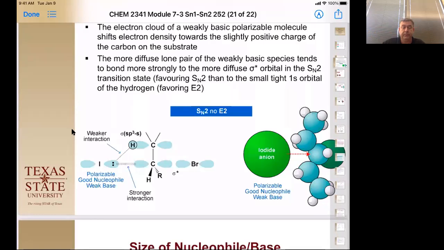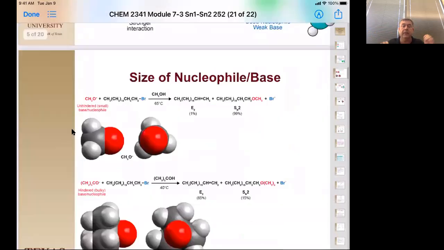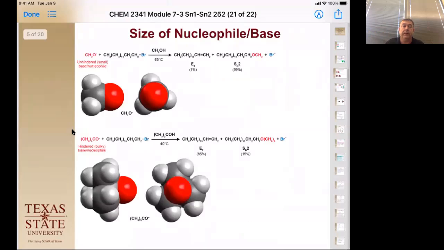Okay, now let's look at the size of the nucleophile base. Okay, when you have a small base, hydroxide, alkoxide, methoxide, or ethoxide, those are what we call small unhindered bases. Okay, when they're small and unhindered, they are going to act as a base, but because they're small and because they have that charge on oxygen, they are more likely to act as nucleophiles.